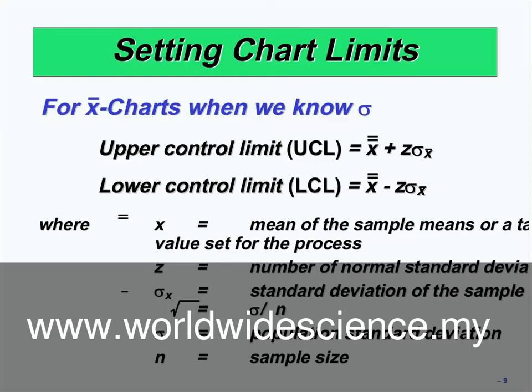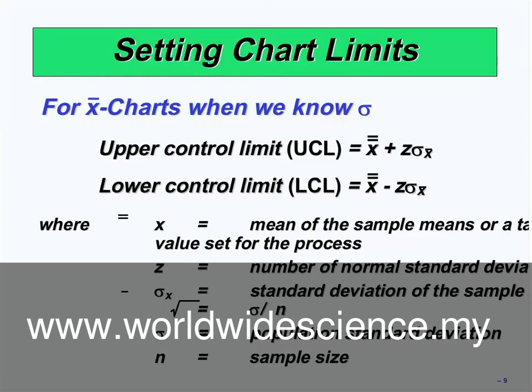That is the normal standard deviation. A standard deviation can be defined by a designer or the engineer, and it's a parameter of statistics science. Also, sigma x bar is the standard deviation of sampling, and it can be calculated by sigma divided by the square root of n.